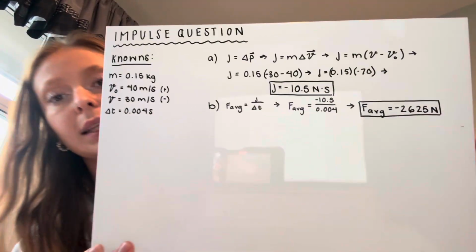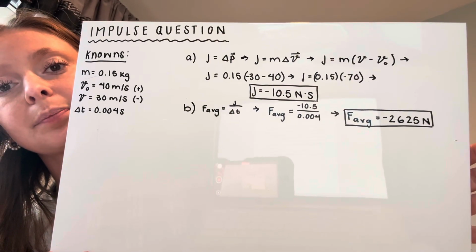Once you do the math all the way, the average force will equal negative 2,625 newtons. Just like that. Then with that, we can move on to part C.